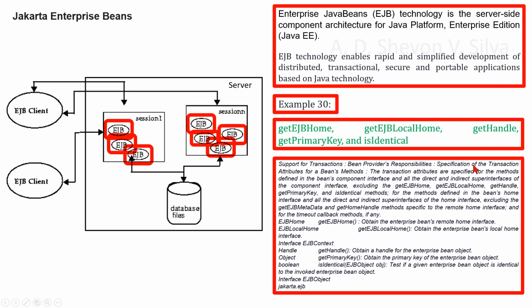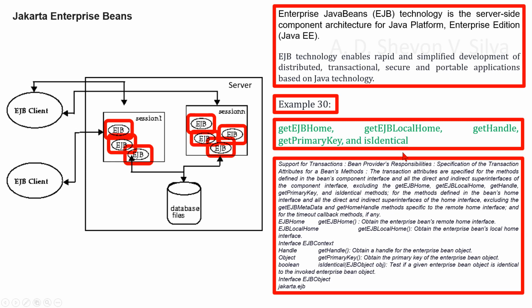Transaction attributes are specified for the methods defined in the bean's component interface and all the direct and indirect super interfaces of the component interface, excluding get EJB home, get EJB local home, get handle, get primary key, and is identical methods, for the methods defined in the bean's home interface and all direct and indirect super interfaces of the home interface, excluding get EJB metadata and get home handle methods specific to the remote home interface, and for the timeout callback methods, if any.